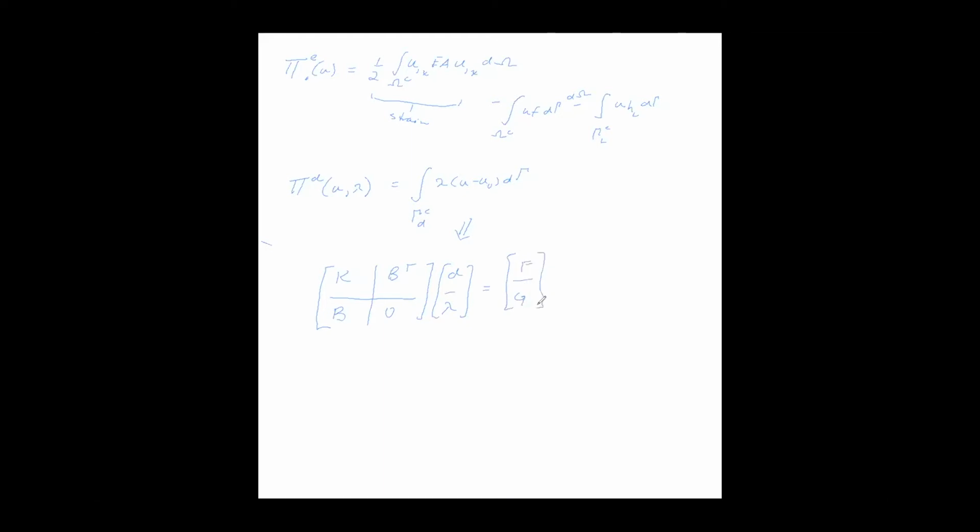This K here comes from discretizing the weak form associated with this. Let me write that down real quick.